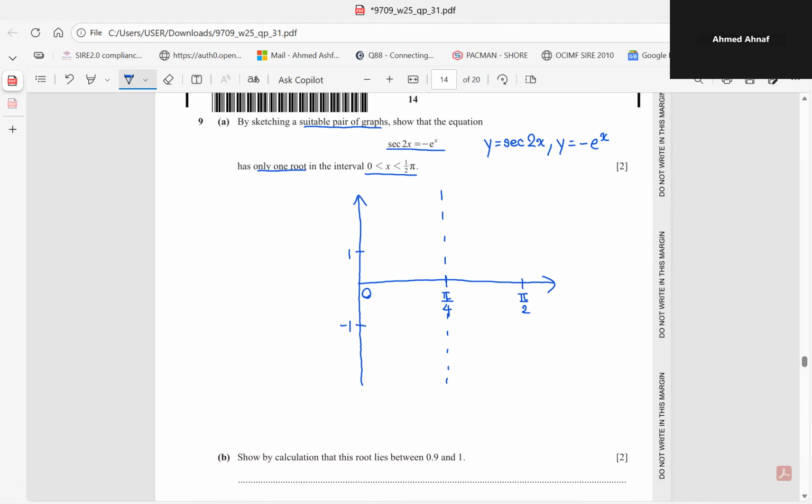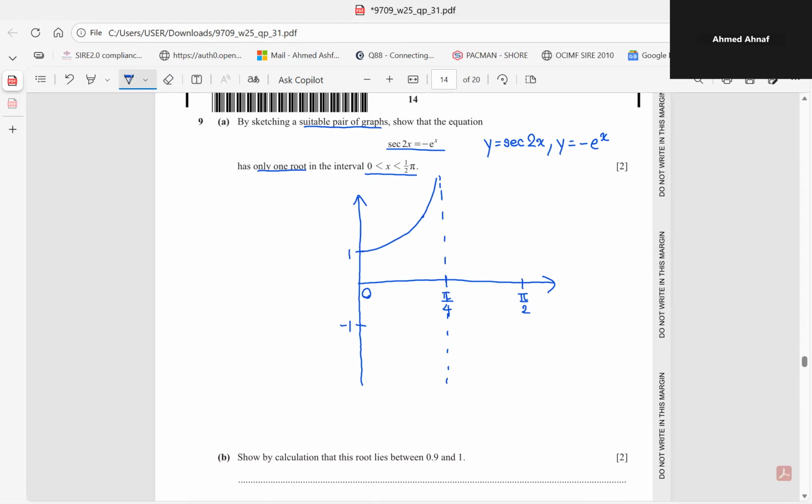So one value we can do is pi over 6, that's between 0 and pi over 4. So for pi over 6, which is here, I got 2. So yeah, that's 1 point. So we can see that clearly it is increasing. Yeah, so I'm just going to stop there for the range between 0 and pi over 4.